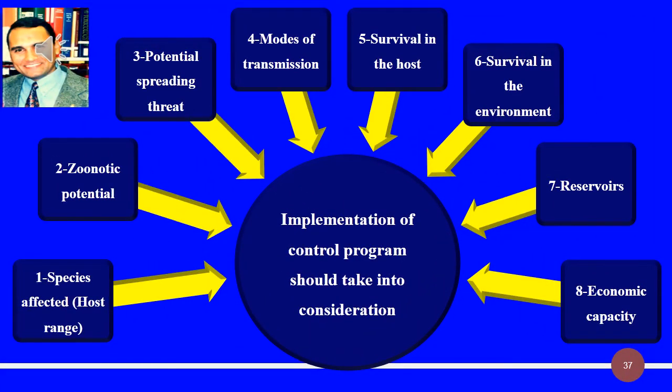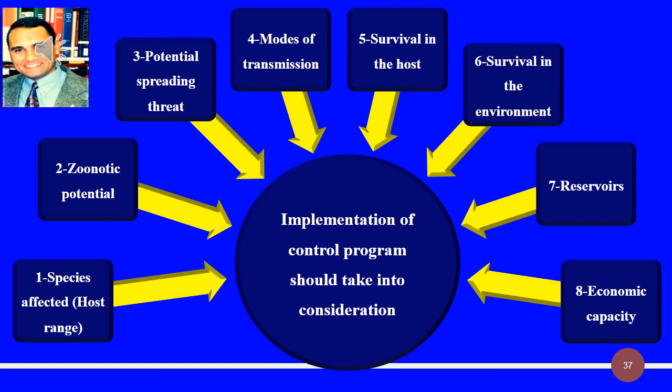Implementation of any control program for a certain disease should take into consideration the following items. Number one, species affected, meaning taking into consideration the host range. Number two, zoonotic potential, to know whether this disease is transmitted to humans or not.